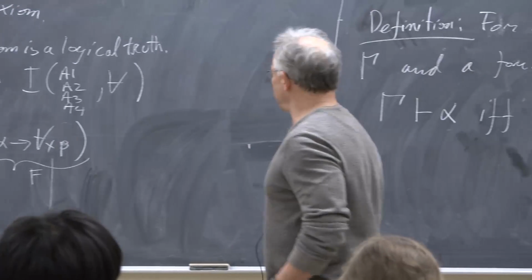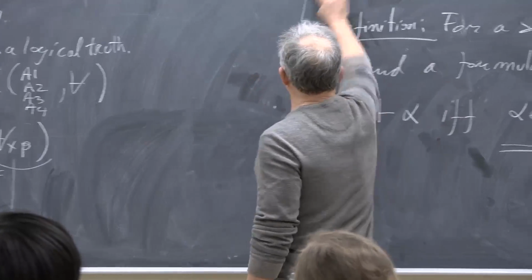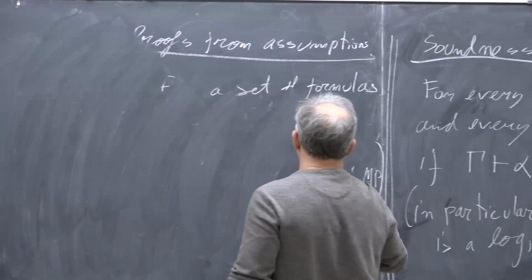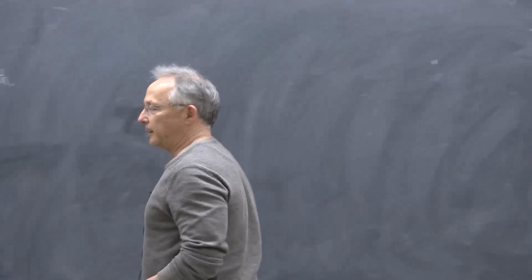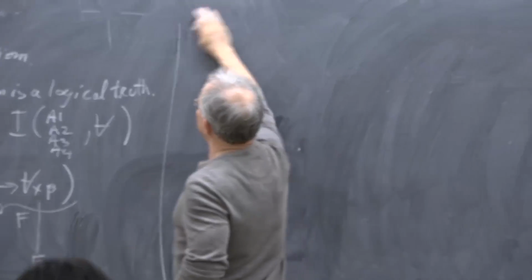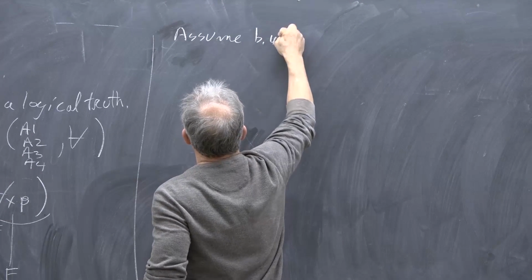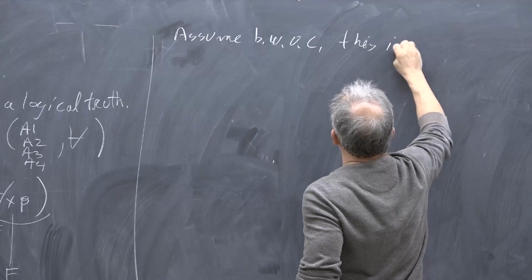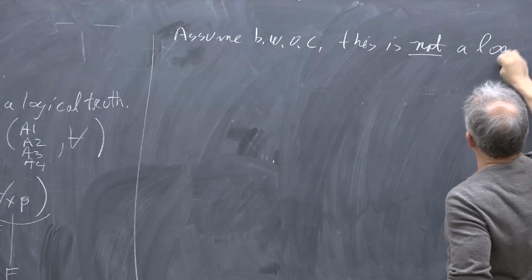To write it formally, I mean, we're getting closer to the exam, so we need to be aware of how to write things. So how do I show, if I ask you to show that something is a logical truth? If I want to write a formal proof of this, we say, assume by way of contradiction, this is not a logical truth.